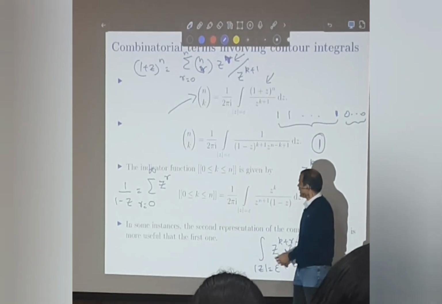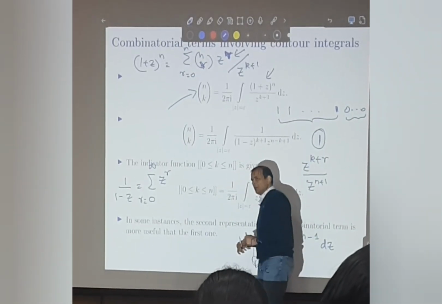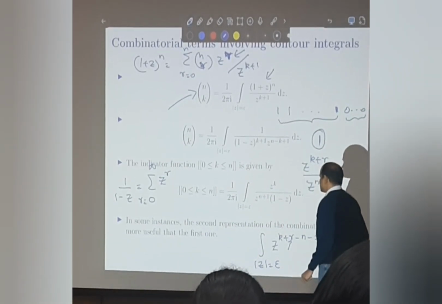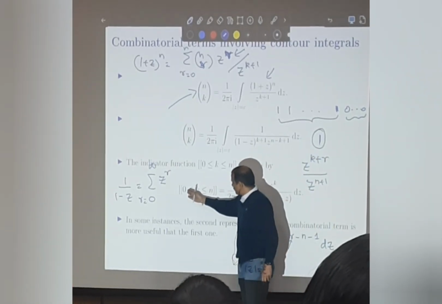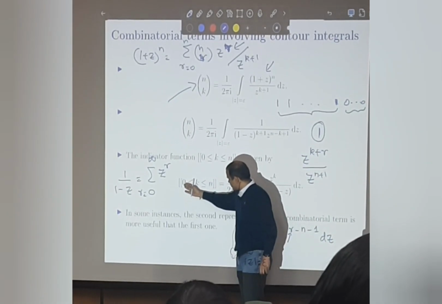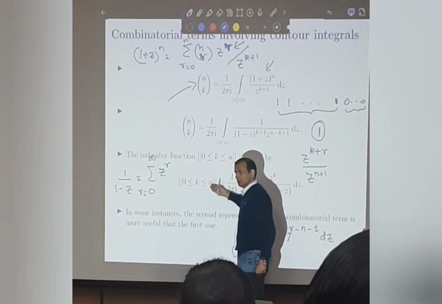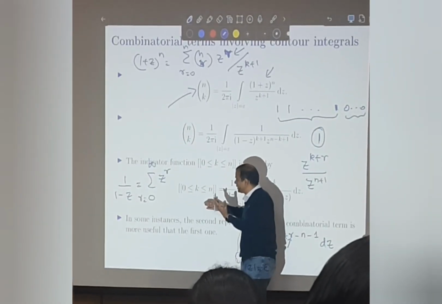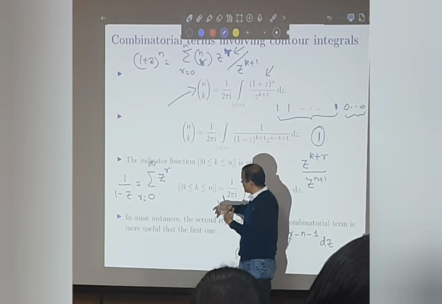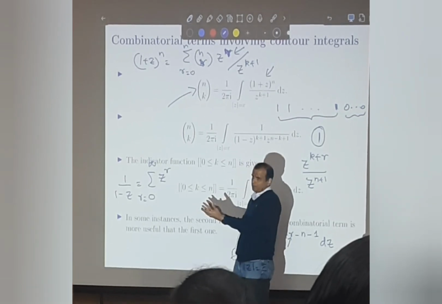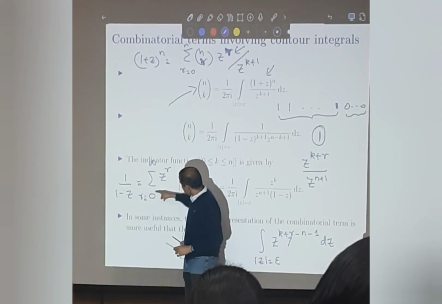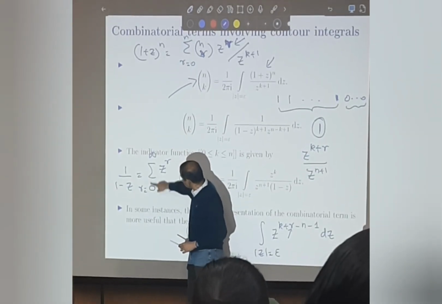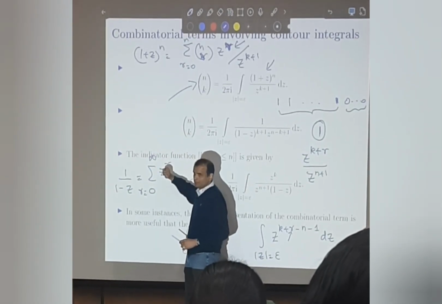So why is this useful? Because you see that in some instances, you want to focus your sum to be between 0 to n, but it's better to treat the sum as from 0 to infinity. Why? Because suppose I were to consider this from r equal to 0 to, let's say, n only.